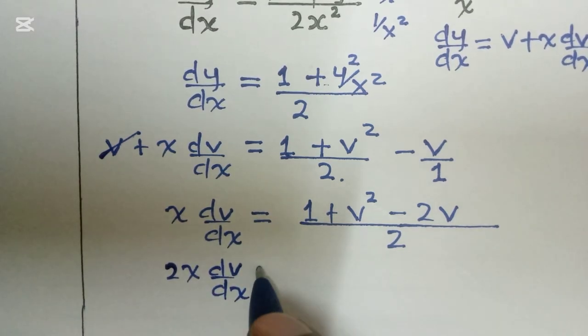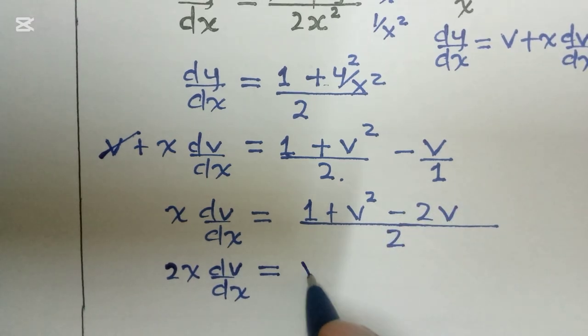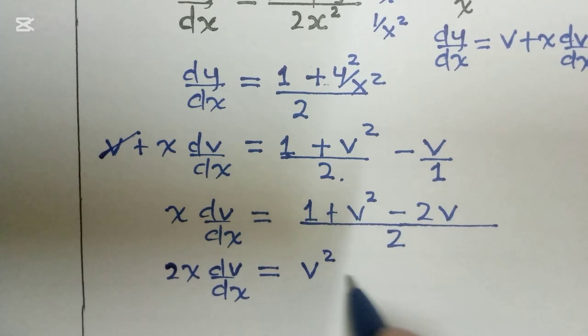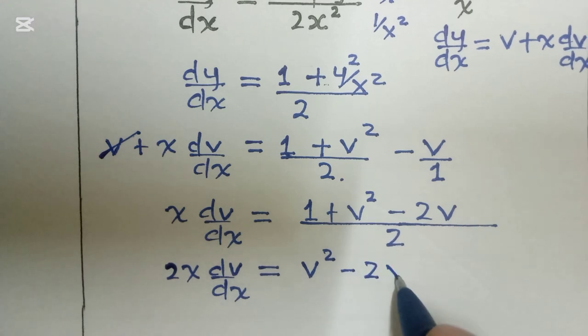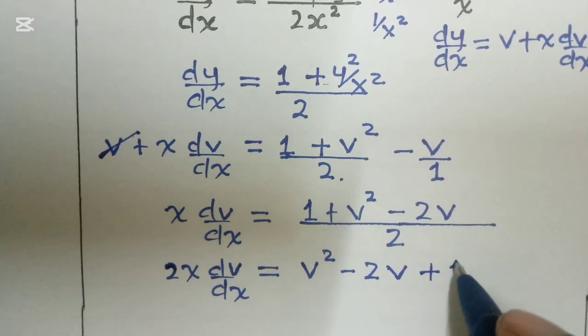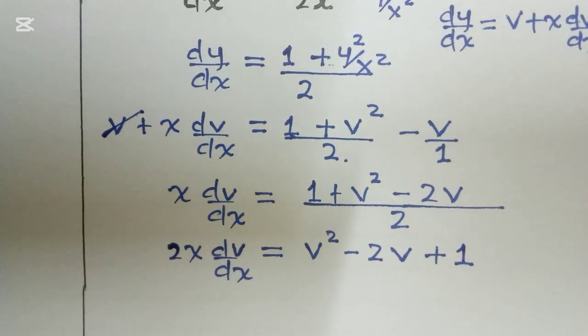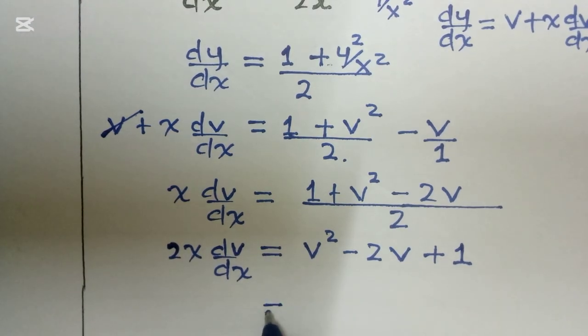This one now will give us, we can write it in terms of v squared minus 2v plus 1, like that, so that now guys we can write it in factor form. When we write it in factor form, we are going to have something like this.